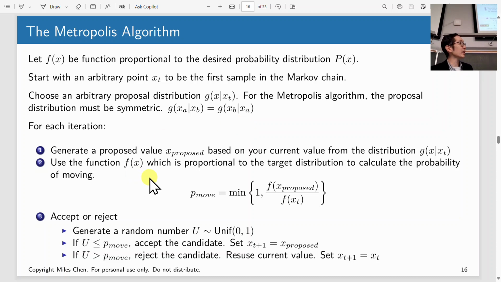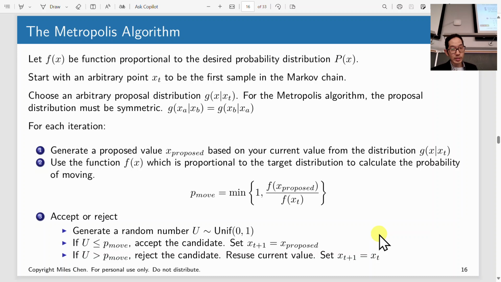And then we're going to calculate the probability of moving to that proposed location. You take f of the proposed location divided by f at the current location, right? And if that's greater than 1, your probability of moving is just going to be 1. But if it's less than that, we'll take that. And then we generate a random u between 0 and 1, and we'll either accept the candidate location, the proposed location, or we will reject the proposed location.